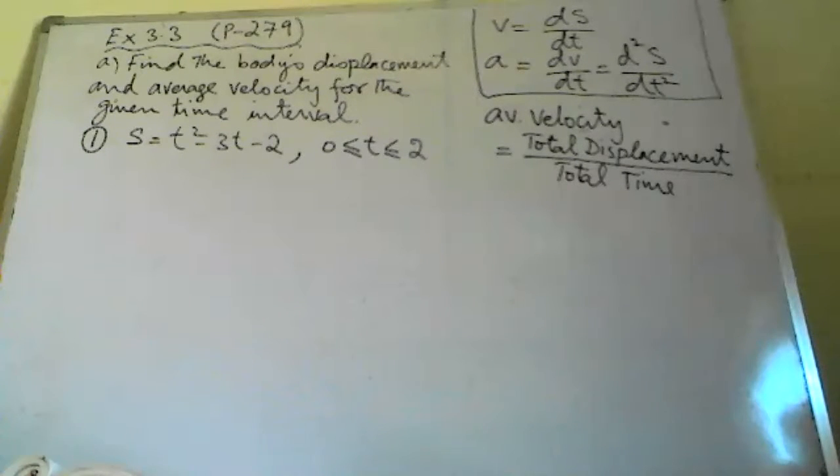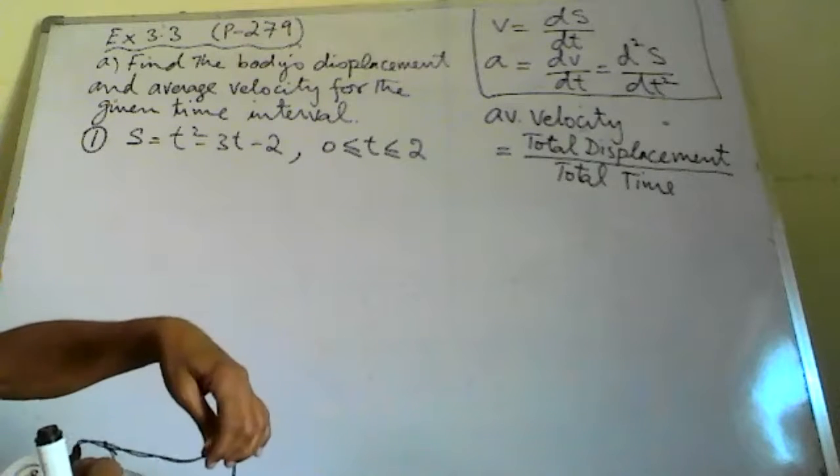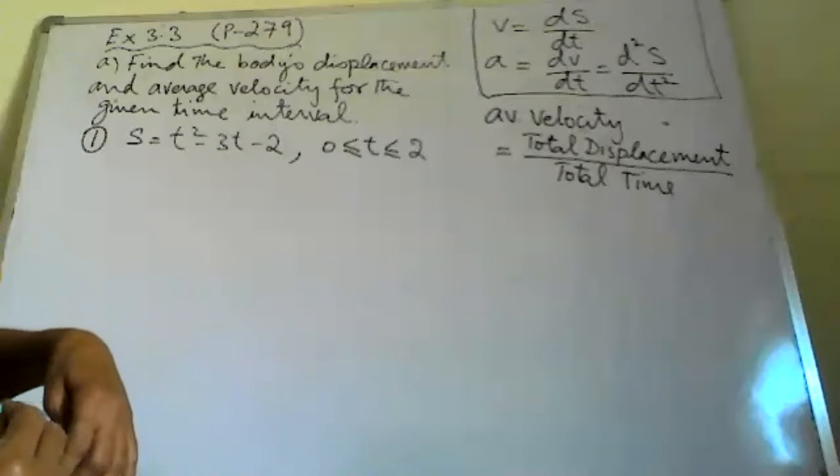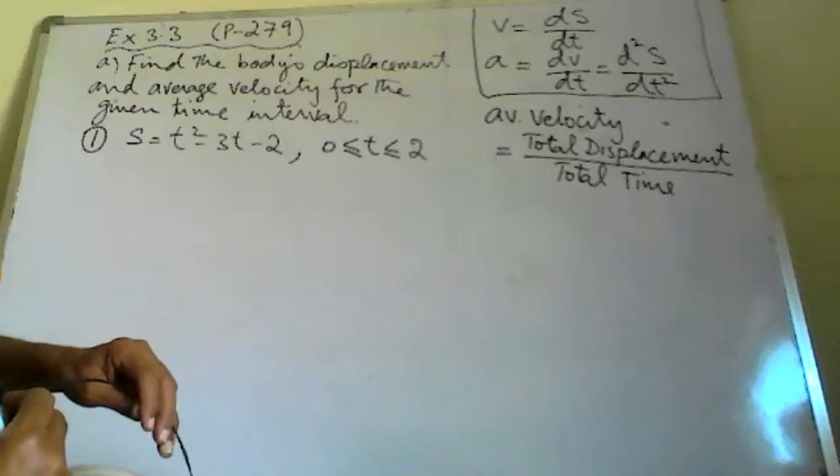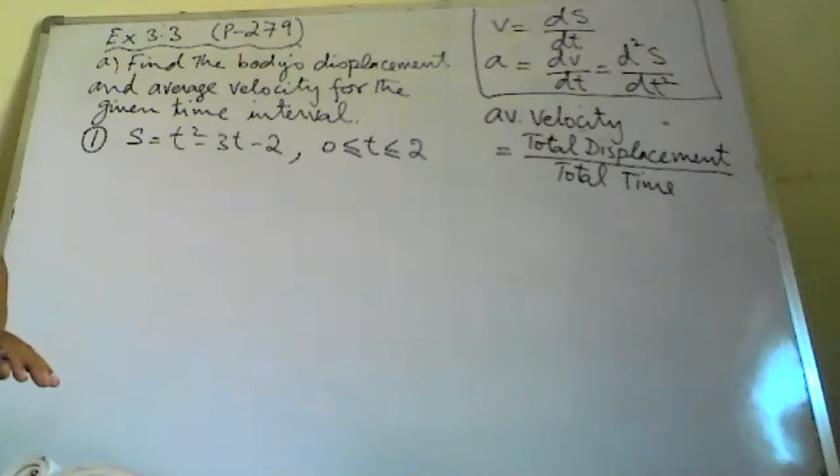So first of all, we find s when t is equal to 0. The interval is from 0 to 2, so initial is 0 and the final is 2. So first we will put the 0 and it will be s0.